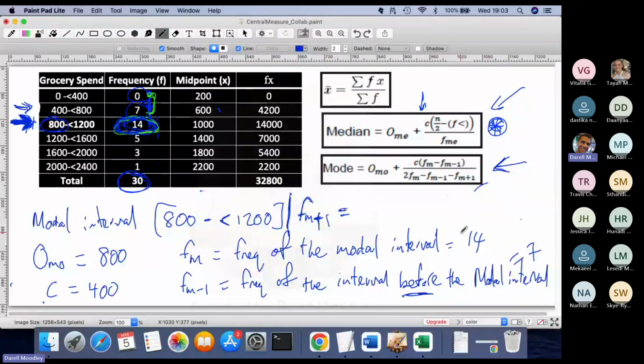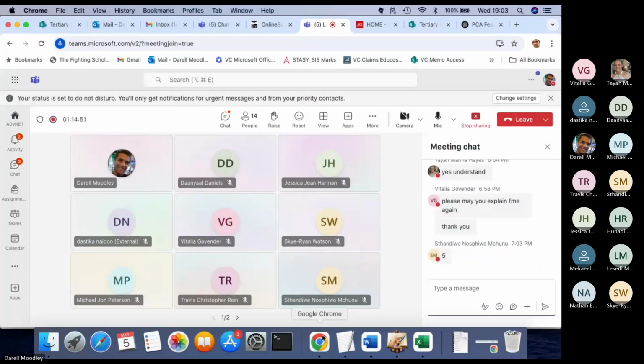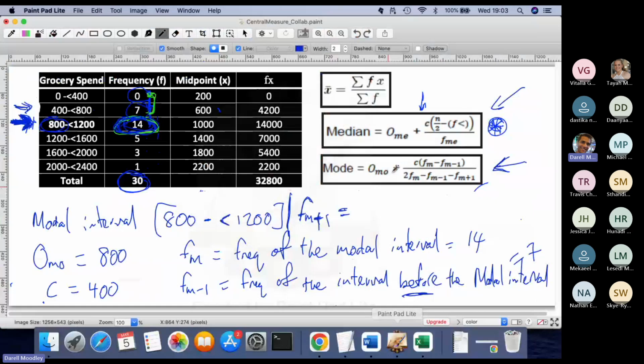Looking at the table. Very good. Nice. It is 5. That's the frequency of the interval after the modal interval. So the next highest one is this one here. Yeah, it's 5. So f_m plus 1 is 5.